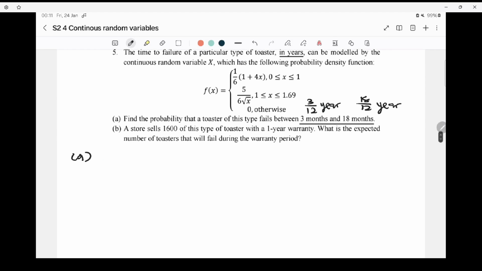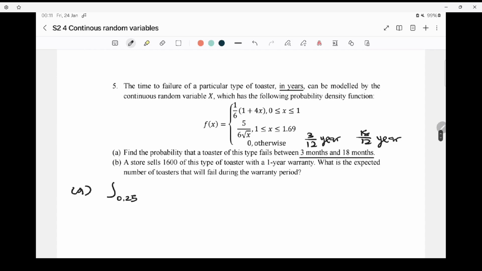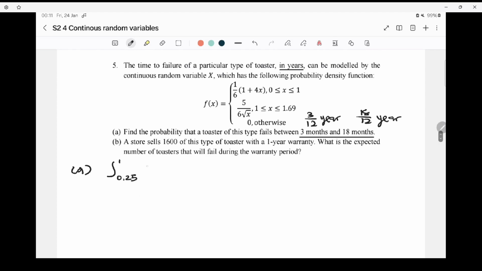So then you need to integrate from 0.25, which is 3 divided by 12, up until 1, and plug in the first part of the equation because that's what is relevant. Then starting from 1, 18 divided by 12 is 1.5, which is less than 1.69. So you have 1.5 over here, and then you have 5/6 square root of x dx.